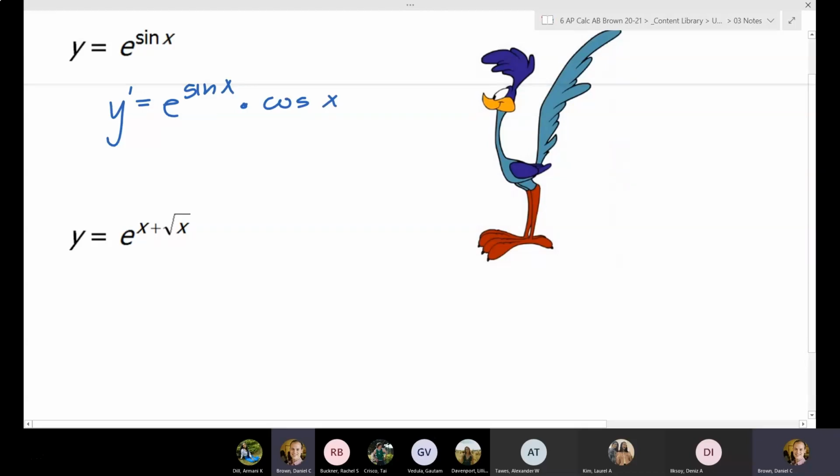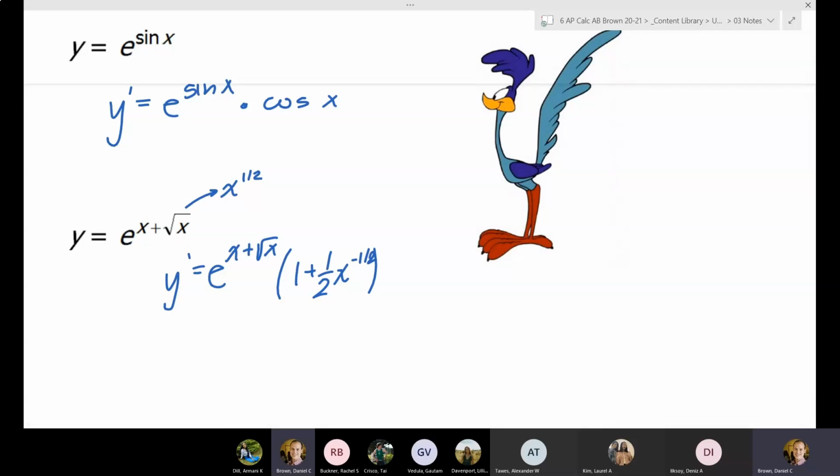The derivative of e raised to anything is exactly what you see, so that's going to be e to the x plus the square root of x, but then multiply it by the derivative of the exponent. Remember, the square root of x is just x to the 1/2, so you can put that 1/2 in front, and the new exponent would be negative 1/2. Again, there's not a lot of simplifying you can do with the derivative of e to the u.